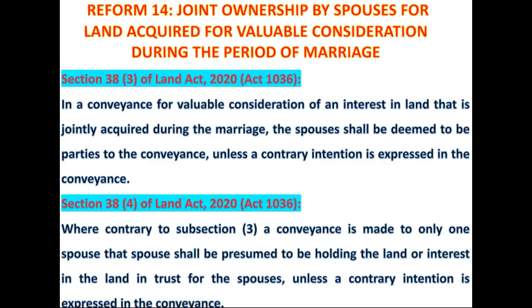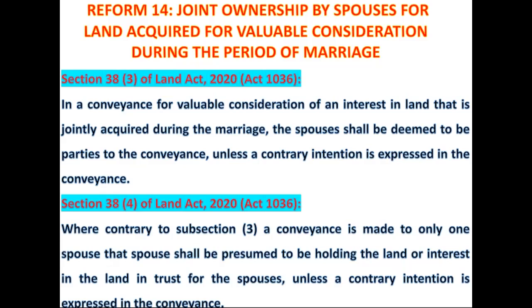Look at section 38, subsection 4. It says, where contrary to subsection 3, a conveyance is made to only one spouse, that spouse shall be presumed to be holding the land or interest in trust for the spouses, unless a contrary intention is expressed in the conveyance. Look at that.